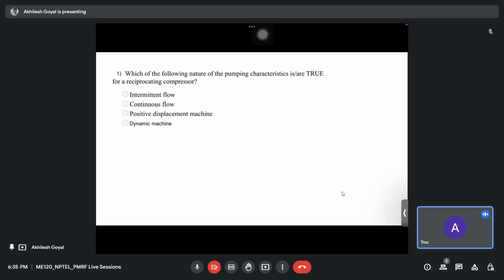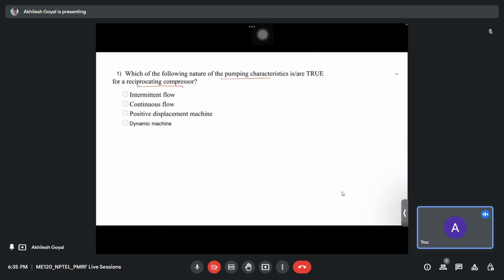So the question is about the characteristics of a reciprocating compressor with respect to the given options.